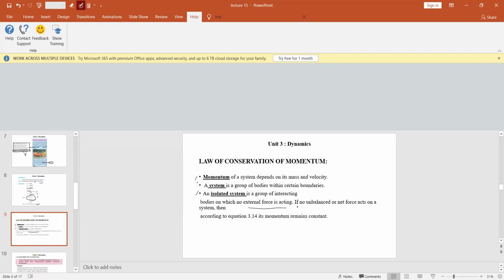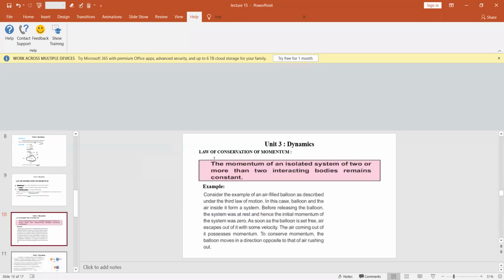If no unbalanced or net force is acting on a system, then according to equation 3.14, its momentum remains constant. Equation 3.14 is the equation which we just did, (pf minus pi) by t, which is equal to F. All right. So these three are very important definitions while studying the law of conservation of momentum. Now, the law of conservation of momentum.